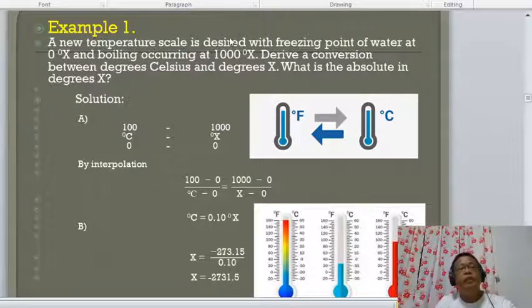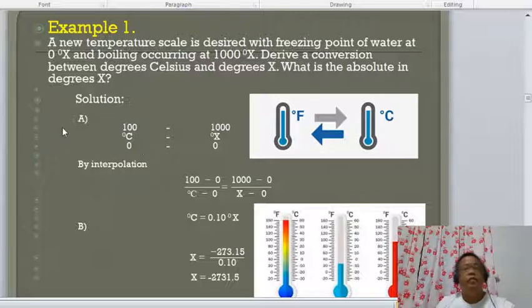A new temperature scale is desired with freezing point of water at 0 degree X and boiling point occurring at 1000 degree X. Now, the problem is derive a conversion between degrees Celsius and degrees X, and what is the absolute value in degrees X.